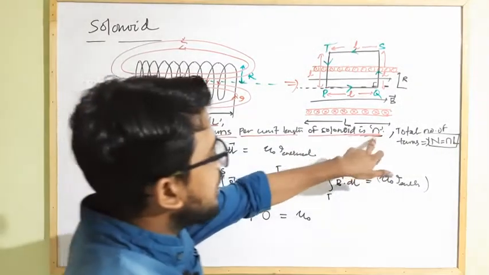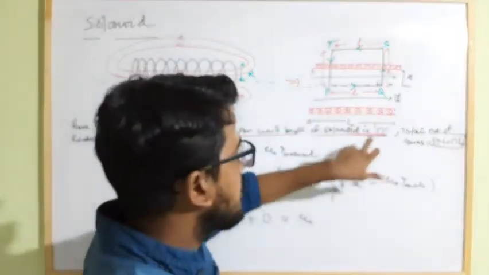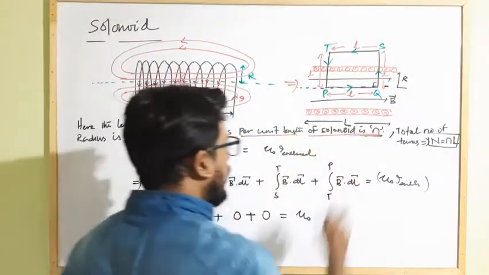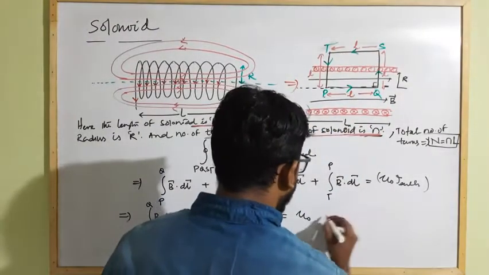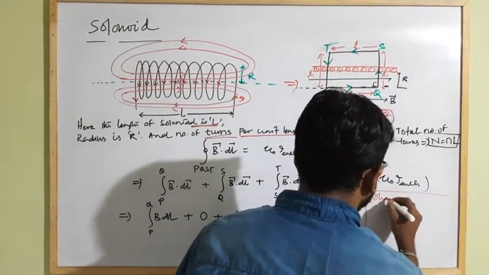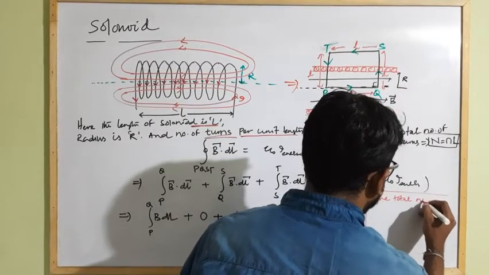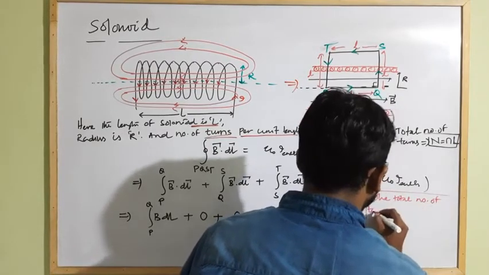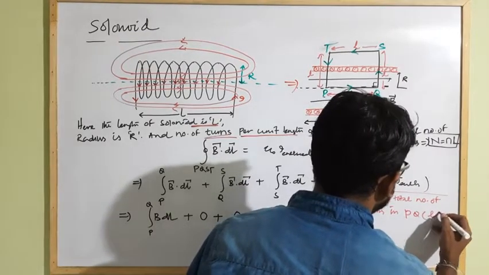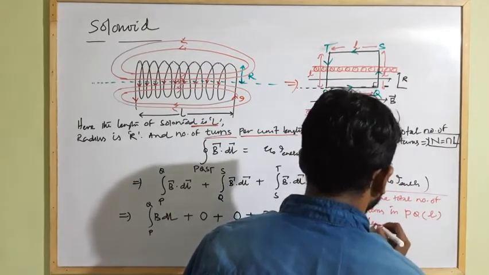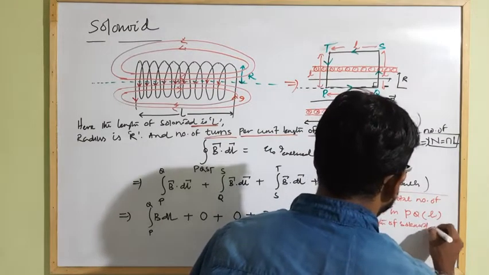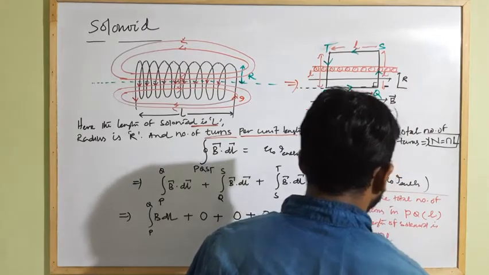As this length is small l, within this length the total number of turns will be how much? As small n is the number of turns per unit length, and PQ is of length small l, the total number of turns in PQ, or small l length of solenoid, is n into l.